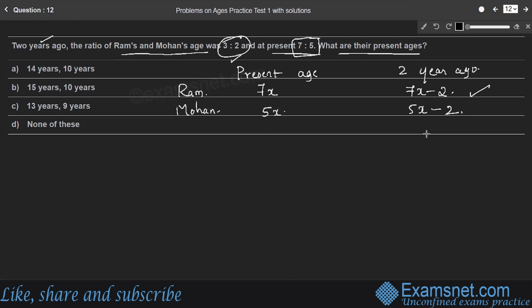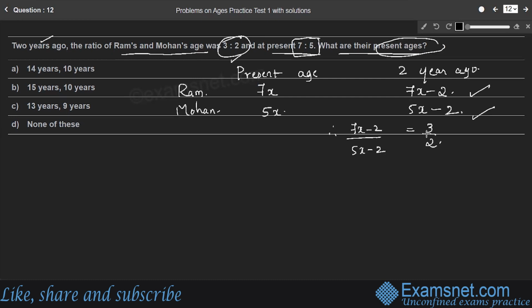And the ratio of their ages is 3:2. Therefore, we can say 7x minus 2 by 5x minus 2, Ram's age to Mohan's age 2 years ago, is equal to 3 by 2.